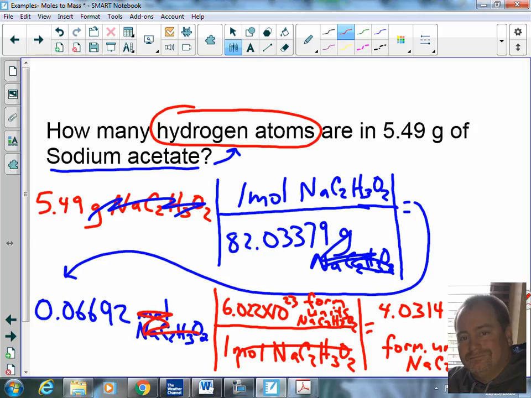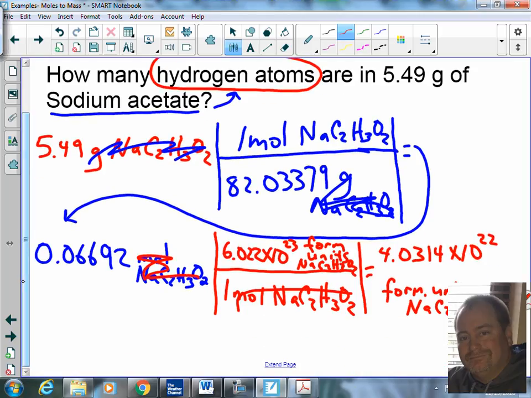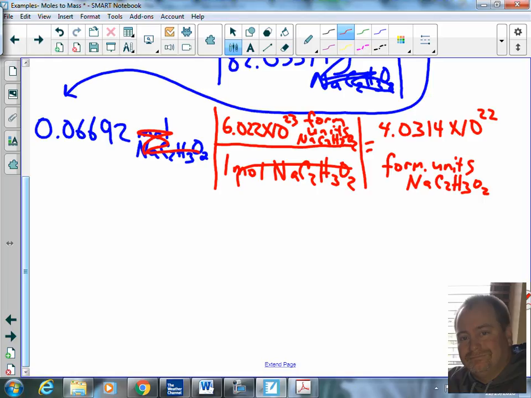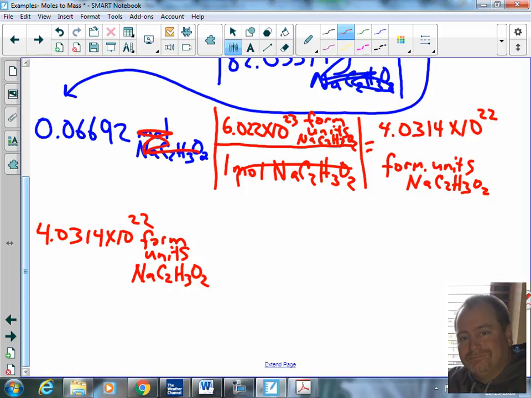Now, are we done? Why aren't we done? We have to change this now into atoms. So I need a little more space. I'm going to extend my page down a little bit. Now, I've got to convert this into atoms. So I'm going to take the 4.0314 times 10 to the 22nd formula units of sodium acetate.